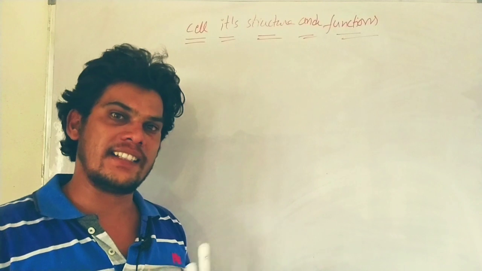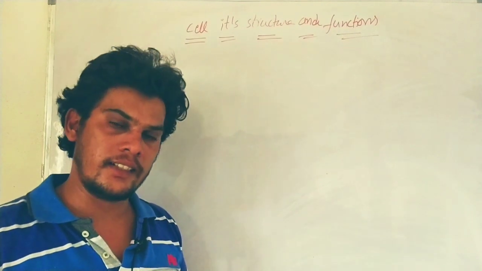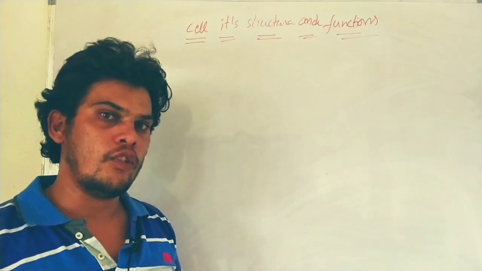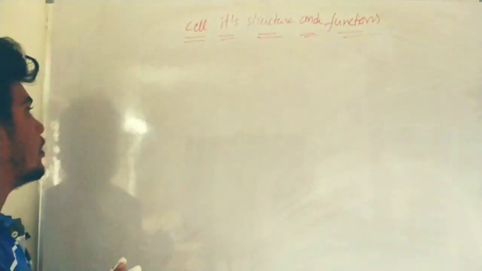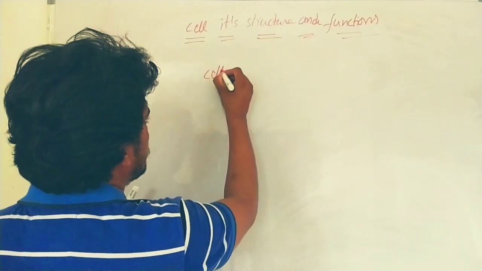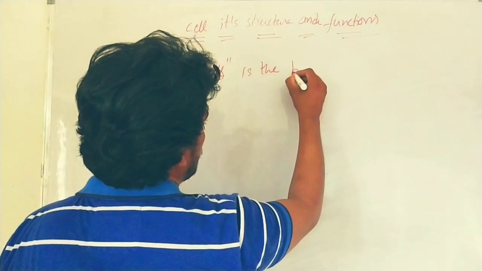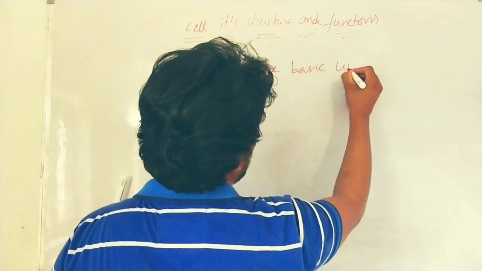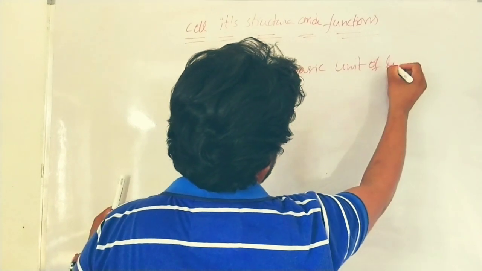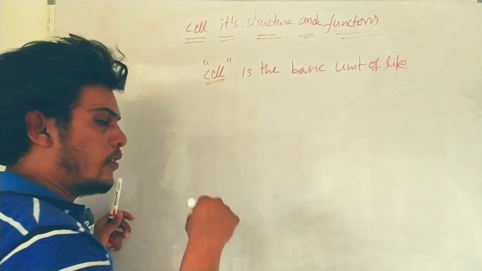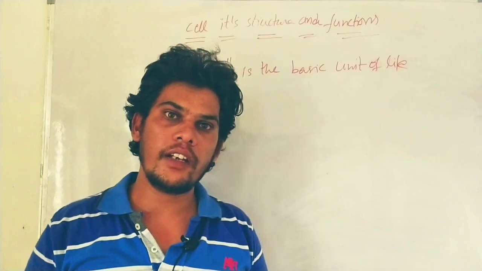In your earlier classes, like your 8th class, you studied what a cell is. So cell is the basic unit of life. Why is it called the basic unit of life?